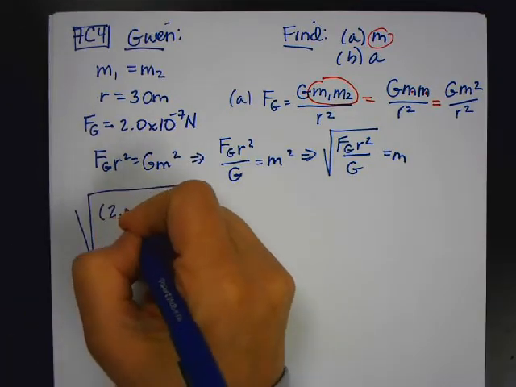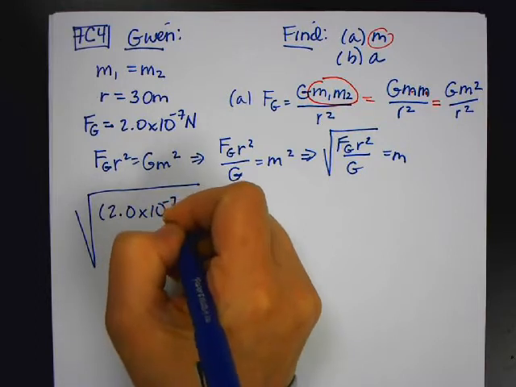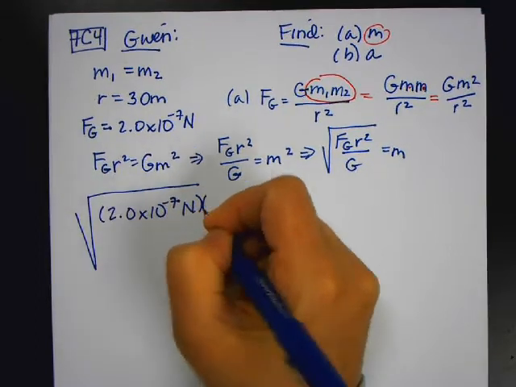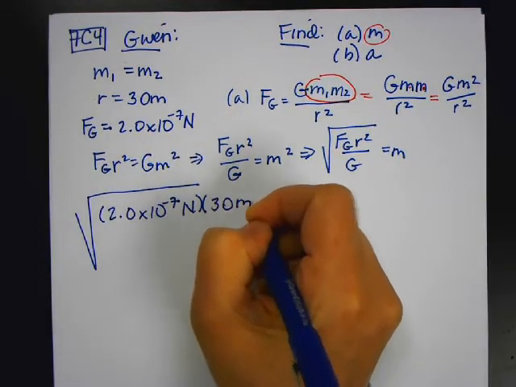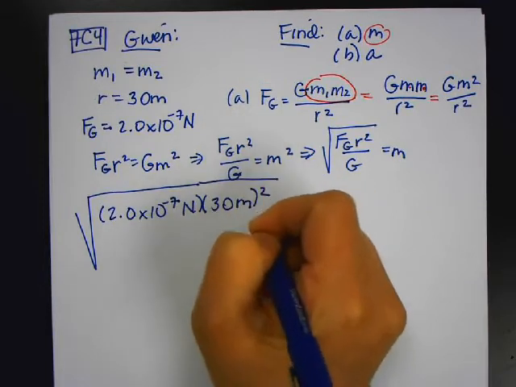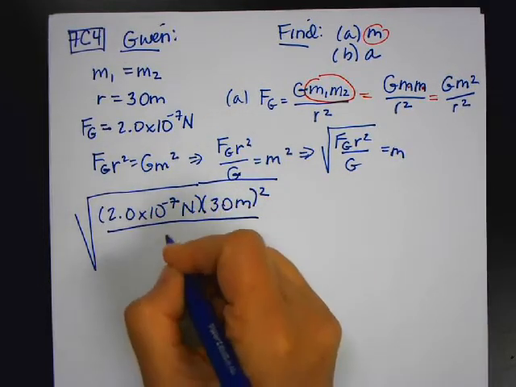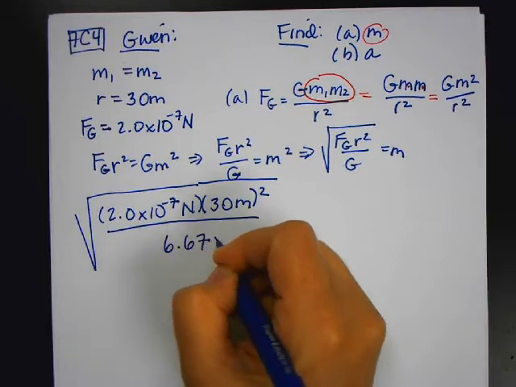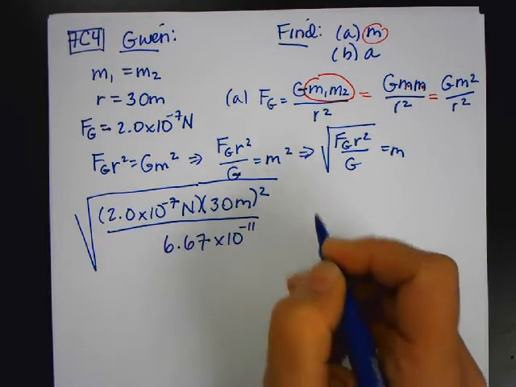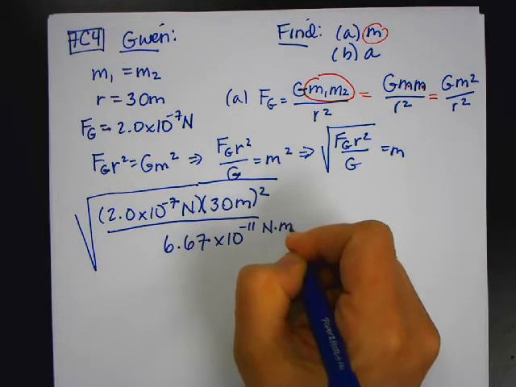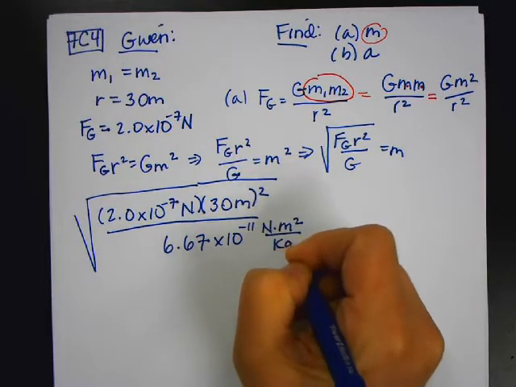So I have 2.0 times 10 to the negative 7 newtons times 30 meters squared divided by 6.67 times 10 to the negative 11 Newton meter squared per kilogram squared.